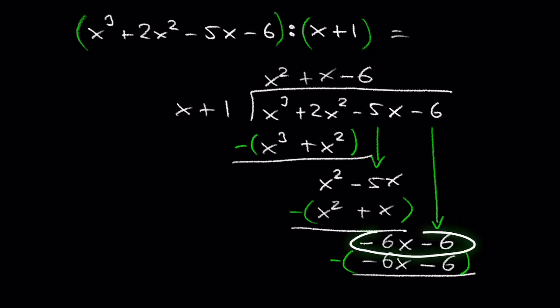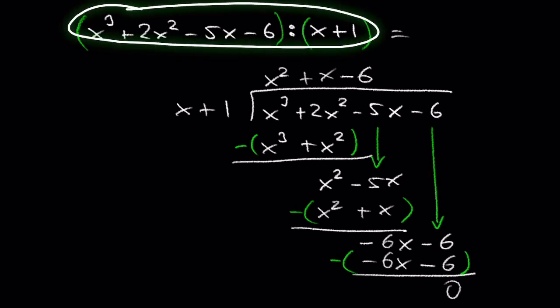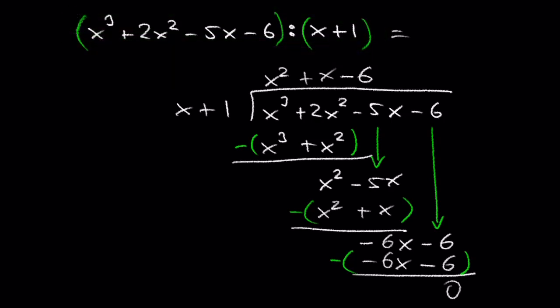Negative 6x minus 6 minus negative 6x minus 6 is 0, and we are done with this problem. So x cubed plus 2x squared minus 5x minus 6 divided by x plus 1 is x squared plus x minus 6.